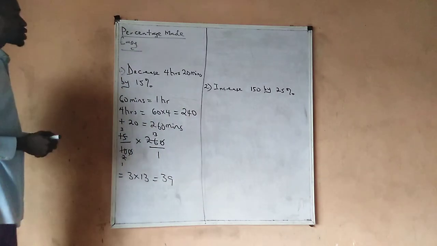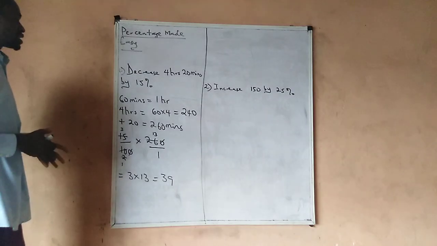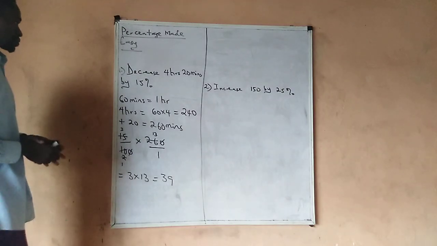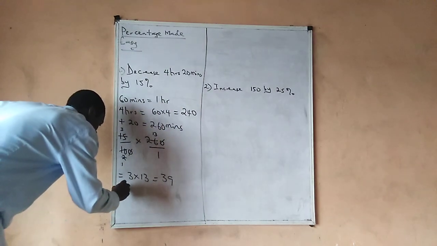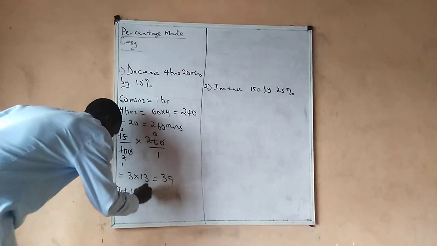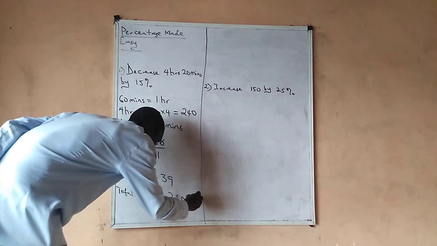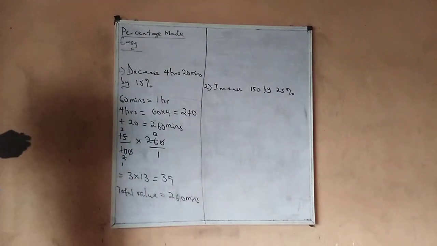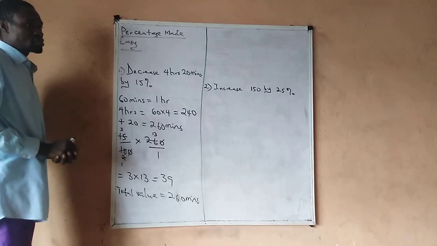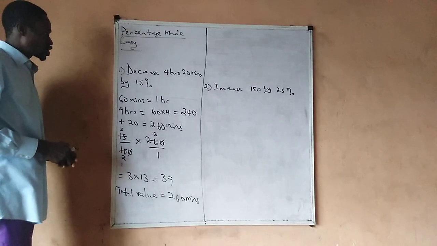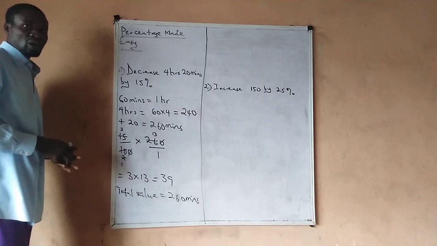And remember the instruction we are given in this question: decrease by 15%. Alright, the total value is 260 minutes. So we are told here to decrease it by 15%.